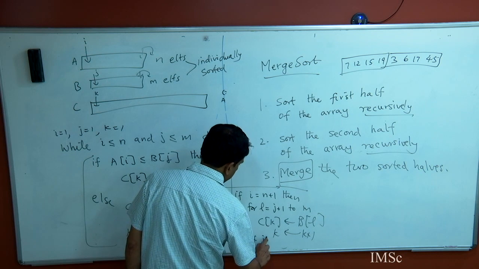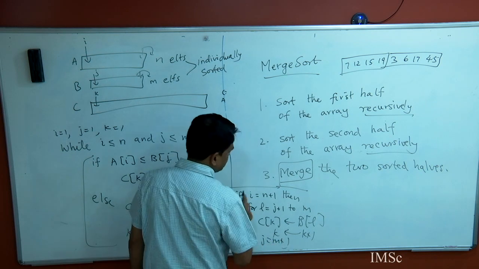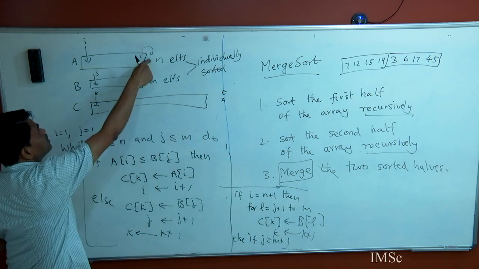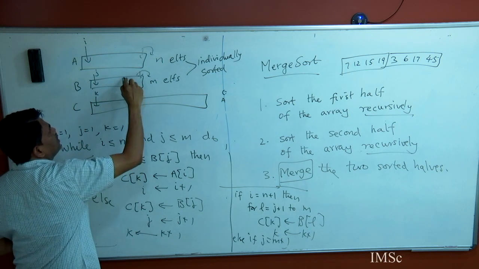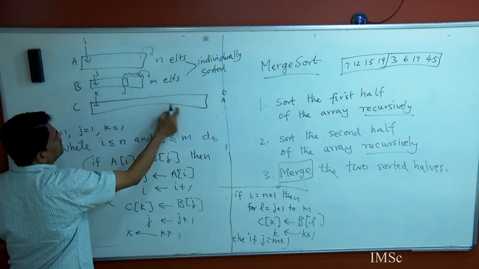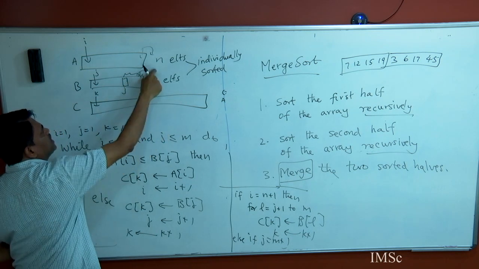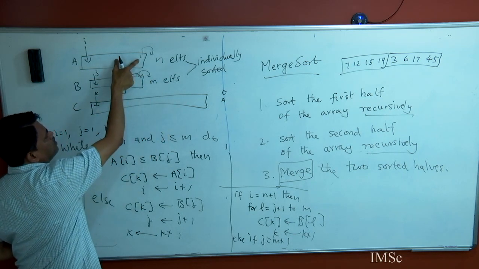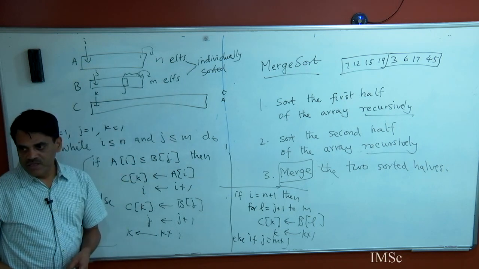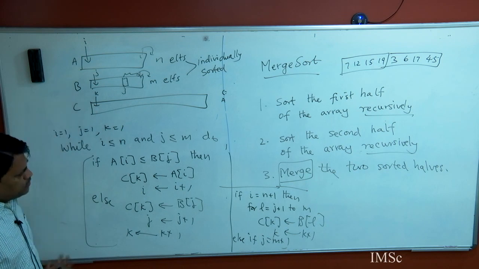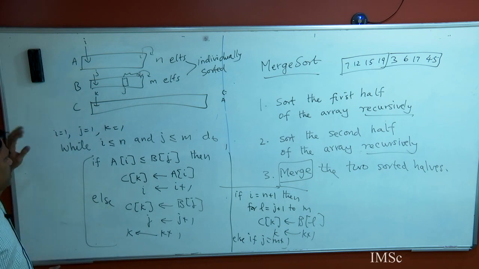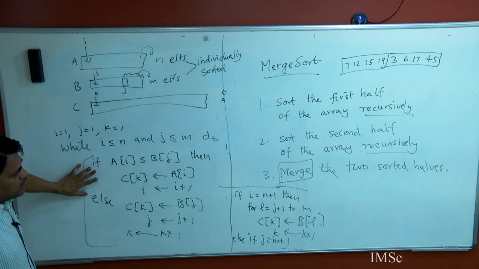Else if j is m plus 1, do something similar. Basically, if i has reached n plus 1, then whatever is remaining in j, copy all these and put it in the remaining C. If j has reached the end, whatever is remaining in i, put it in C. Okay, so you get the idea, you need to fill it up. So the correctness is important, make sure the boundary conditions are all right. So that's the merge algorithm.